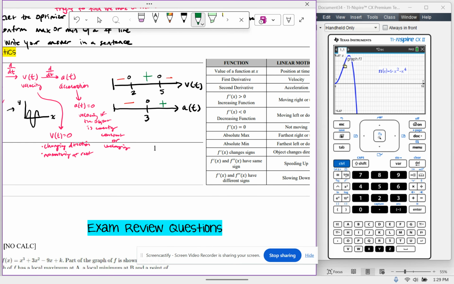I just want to go over how we would interpret these two number lines stacked, because I feel like we're pretty good at making number lines, right? So if I were to interpret this particle's motion, I would know that this guy is speeding up when the velocity and the acceleration have the same sign.